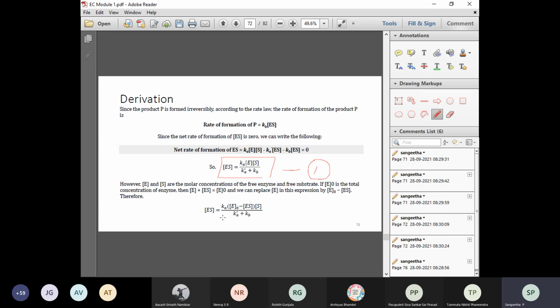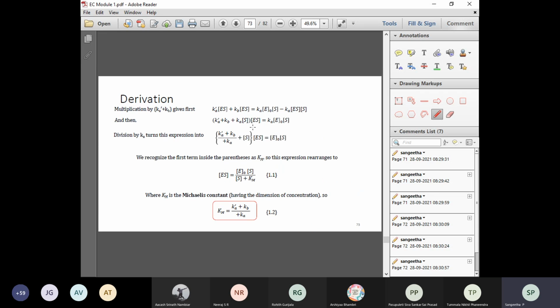So how are you going to replace it finally? You can replace here with this equation and then rearrange once again. That is how you are going to do the steps, and rearranging all these things, with the multiplication of your rate of dissociation plus rate of formation, finally you will get this equation.